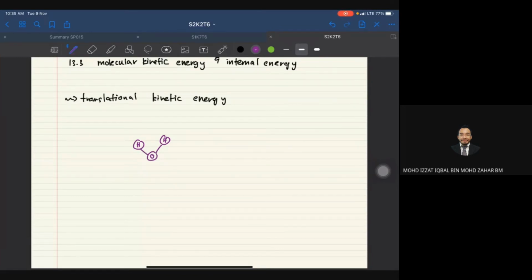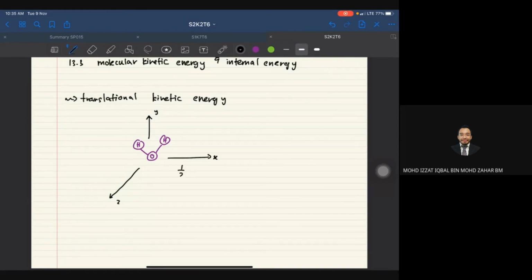So these molecules logically, linearly, can travel into three directions: y-axis, x-axis, and z-axis. Betul tak? You guys agree with this? Yes, sir.